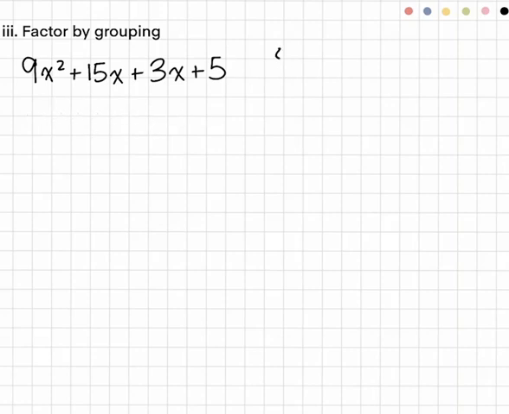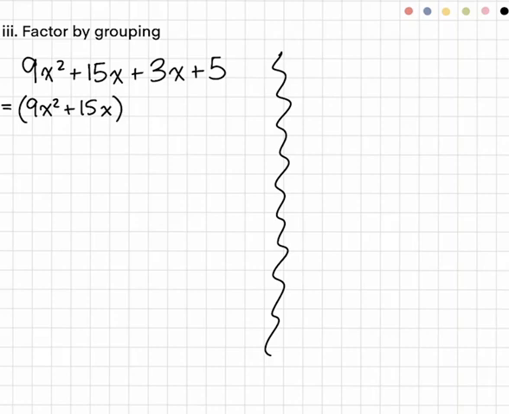I'll just draw a little line here. There we go. So I've got 9x squared plus 15x, and then I've got plus 3x plus 5. This is how I've decided to group things together.